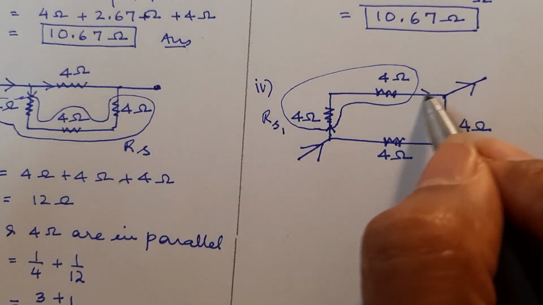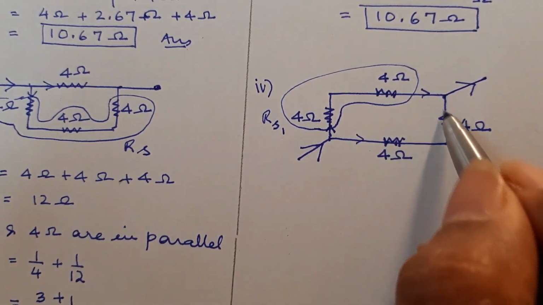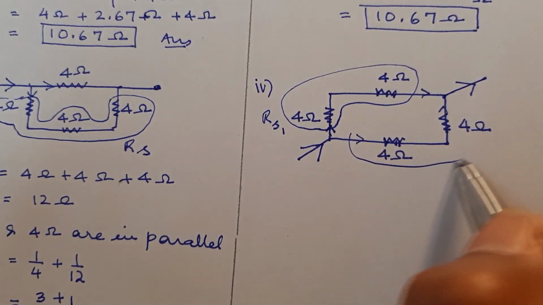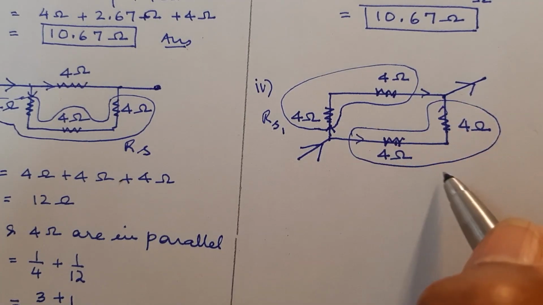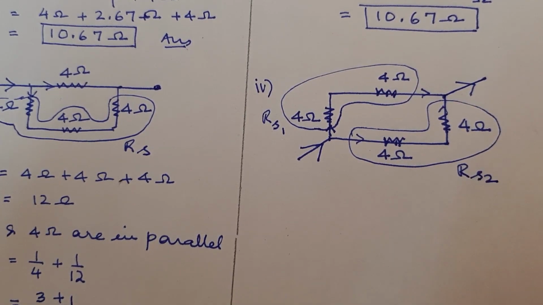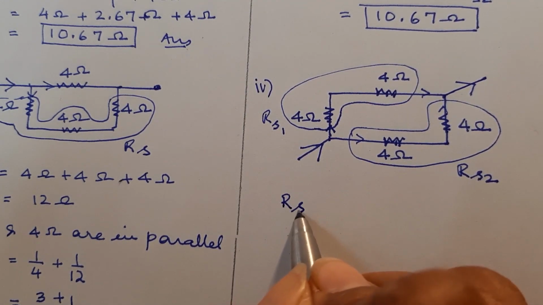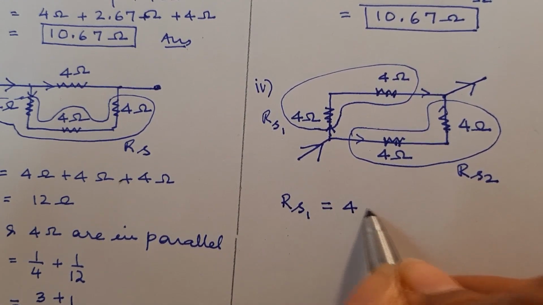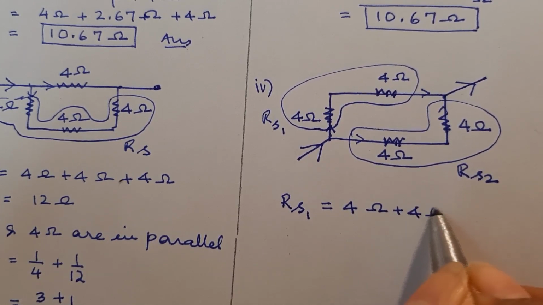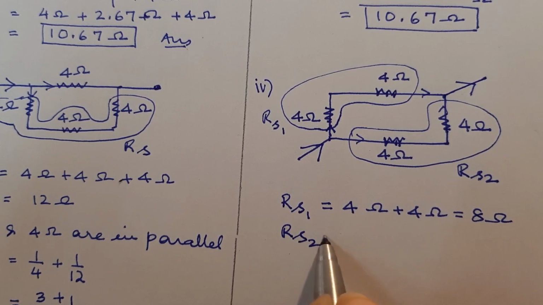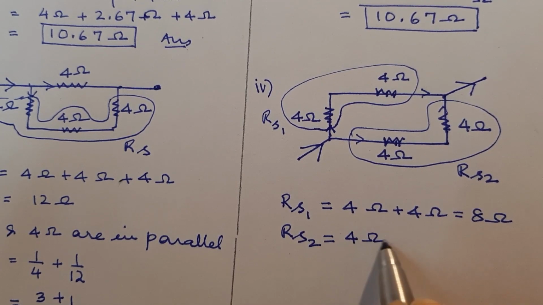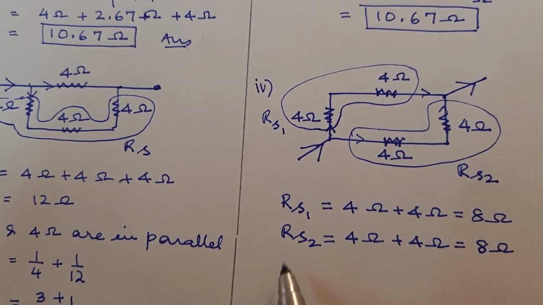It's one path. And here this is another path. So this is my RS2. Let us write down RS1 will be equal to 4 ohm plus 4 ohm, which is 8 ohm. RS2 is again 4 ohm plus 4 ohm, which is equal to 8 ohm.